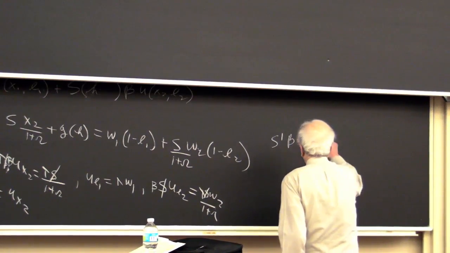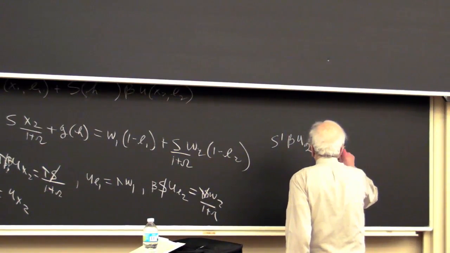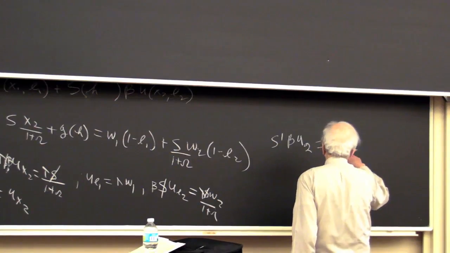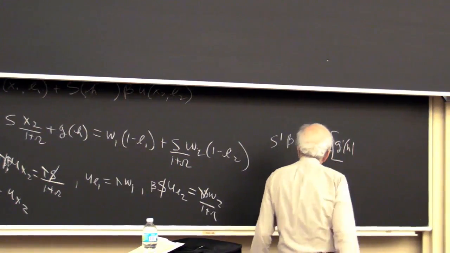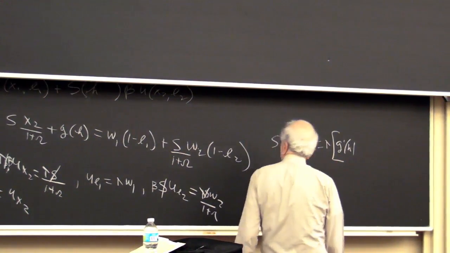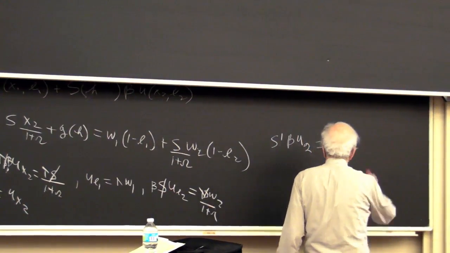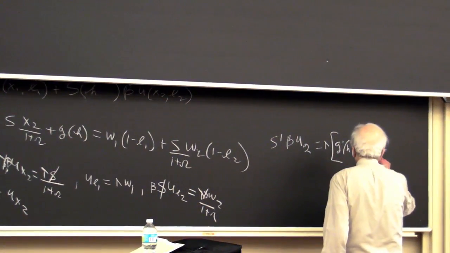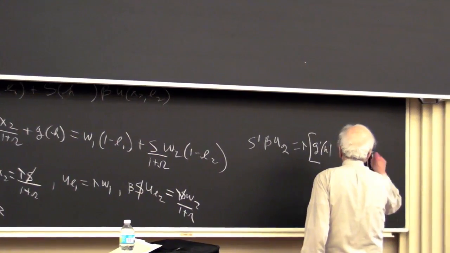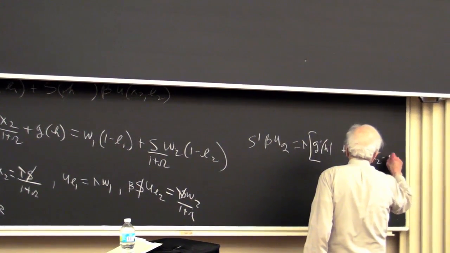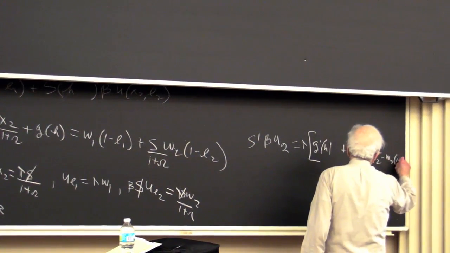Well, it's going to be equal to lambda times G prime, that's the marginal cost of taking more health, plus a term S prime over 1 plus R times X2 minus W2 times 1 minus L2.